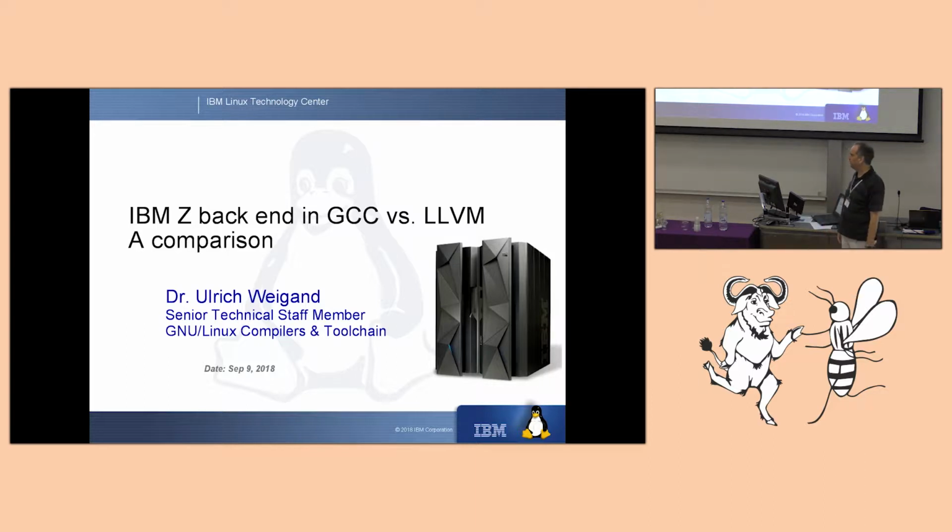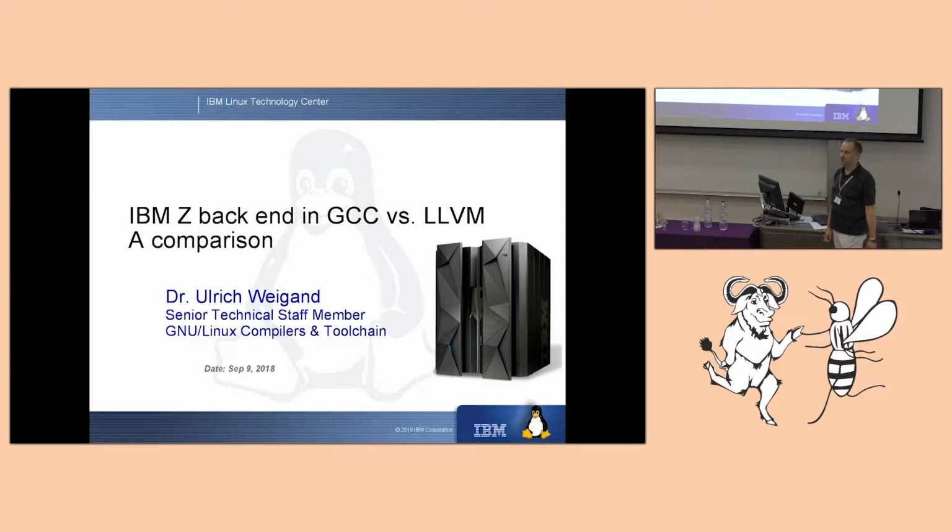So the background is, in my group we're working on supporting the IBM Z, which is the mainframe, and you have a nice picture of one right here in front. It's about this high. We've been supporting Linux on the mainframe for a long time, since about 1999, and we've been supporting GCC for a long time, and LLVM for a somewhat shorter time.